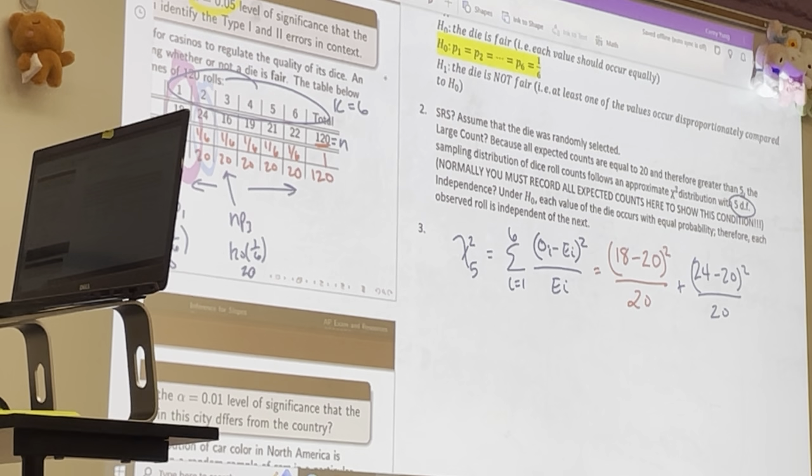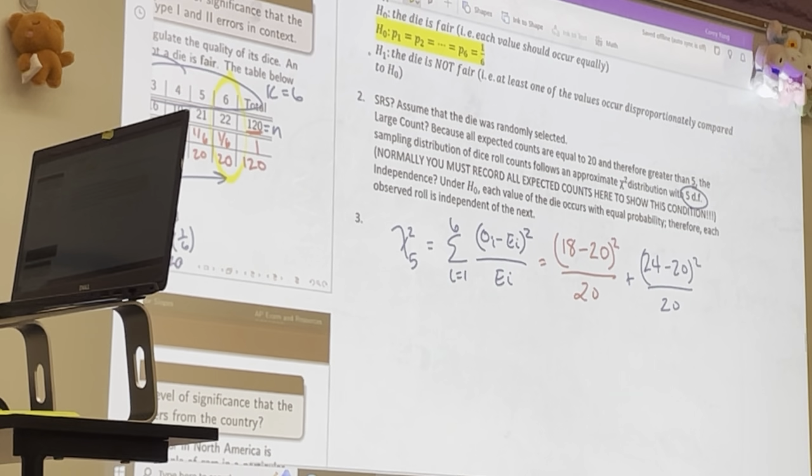Once you have it started, I would just skip to the end. So plus dot dot dot plus the last one, which is the observed 22 sixes minus the expected 20, squared, divided by 20. That's what I would do.